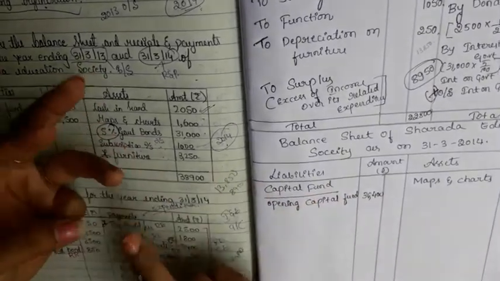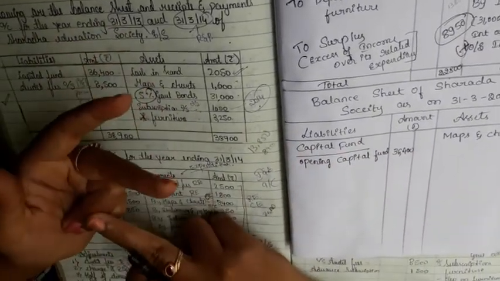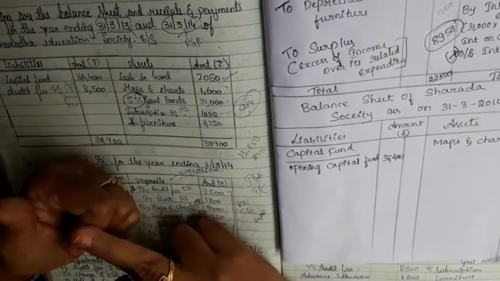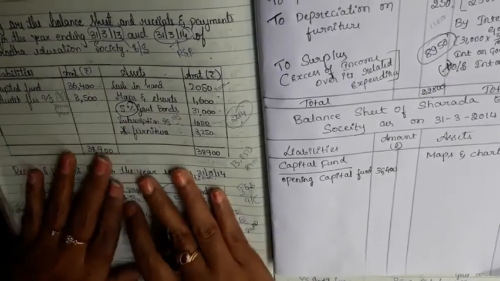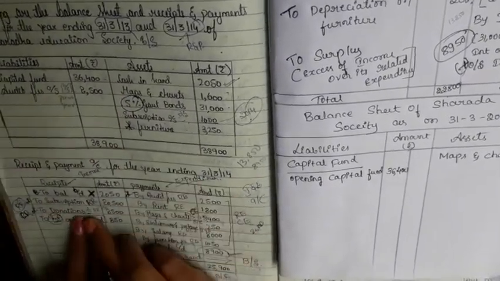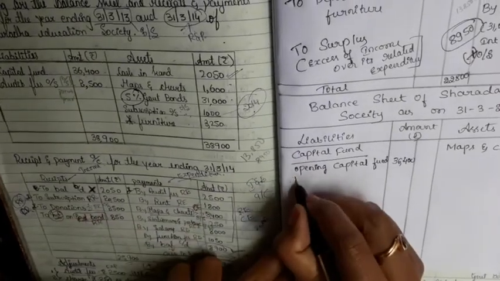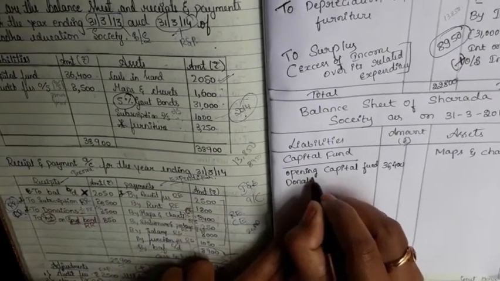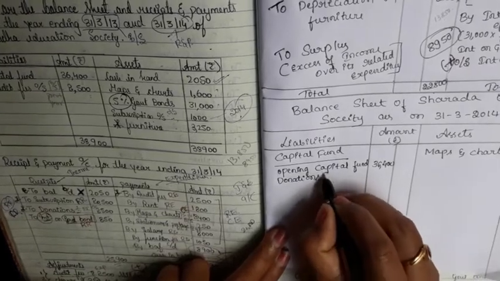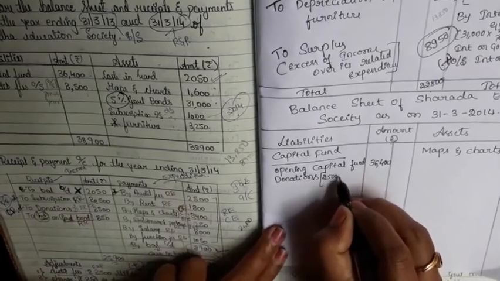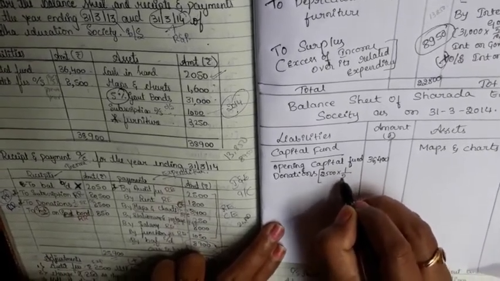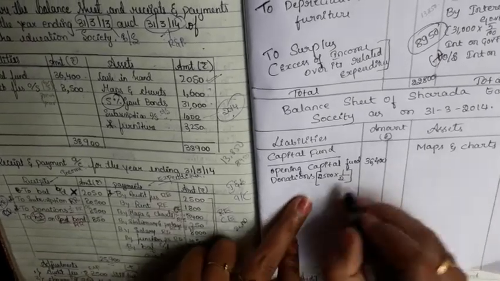Capital fund includes opening capital fund, legacies, life membership fees, donations, entrance fees. In this problem, they have given only donations. The adjustment for donation is that half of the amount of donation should be considered in revenue and the remaining half is considered as capital fund.